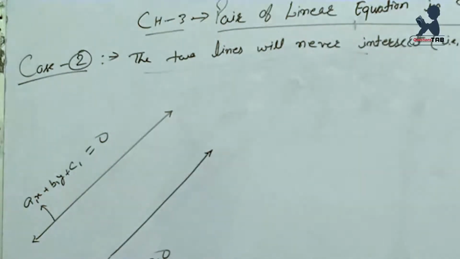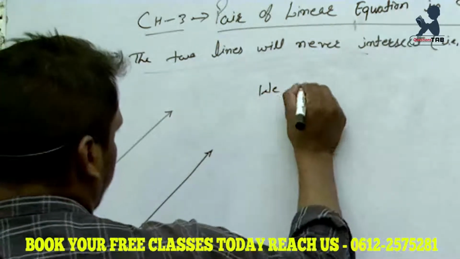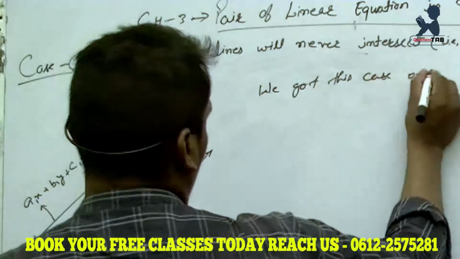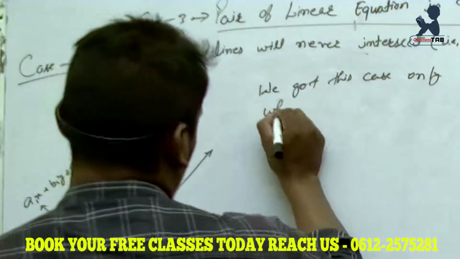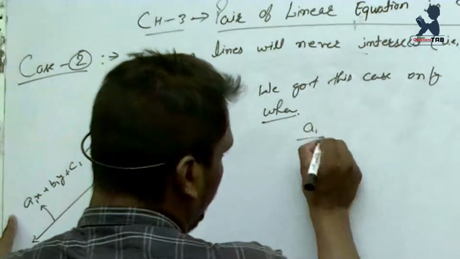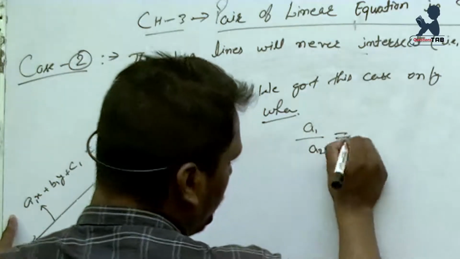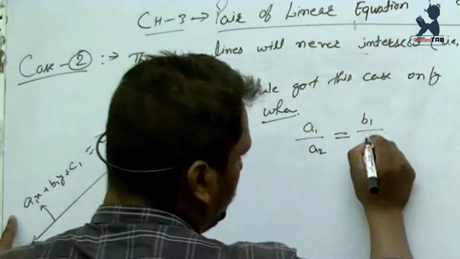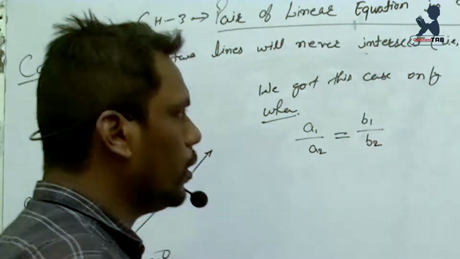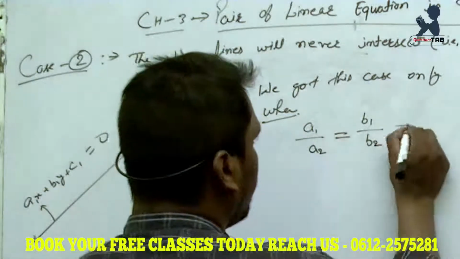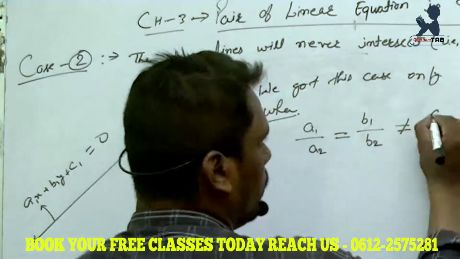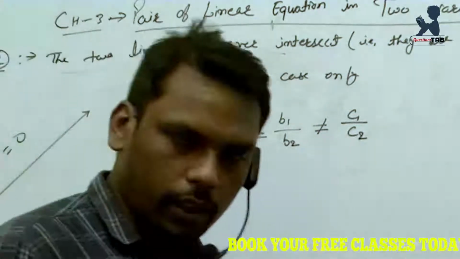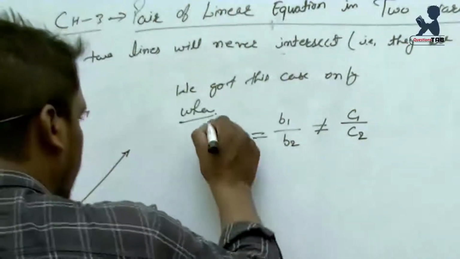We get this case only when a1 by a2 is equal to b1 by b2, but these are not equal to c1 by c2. This is the condition.